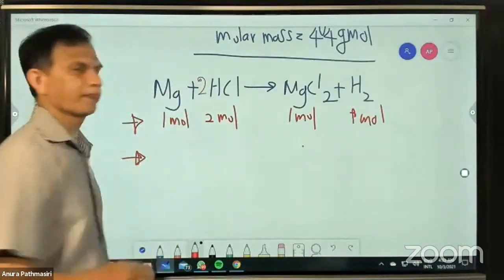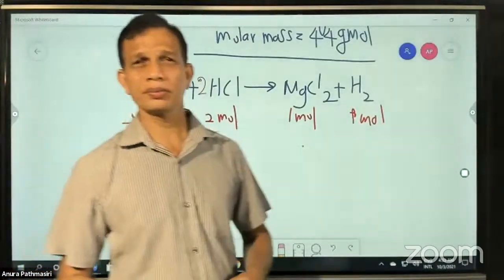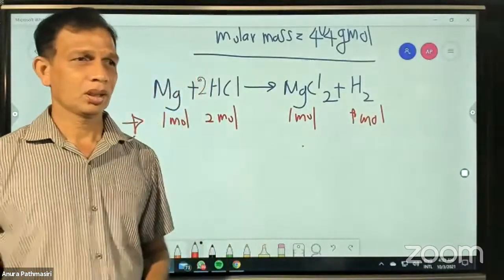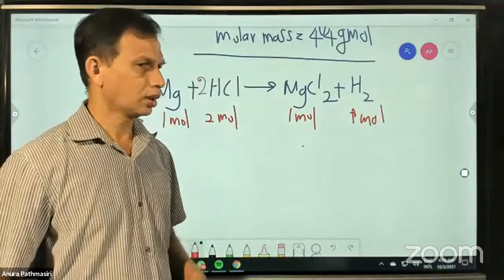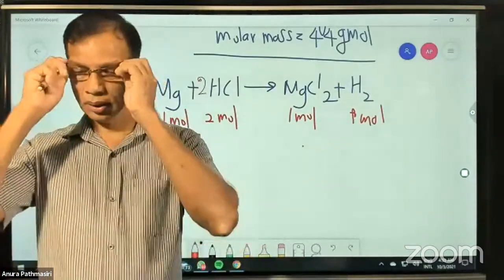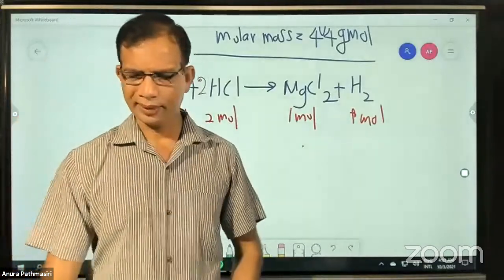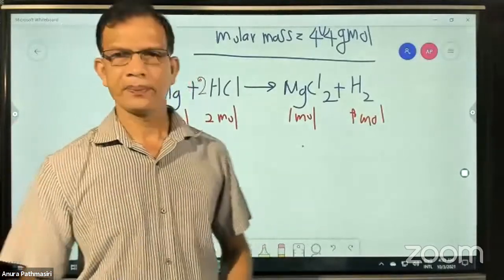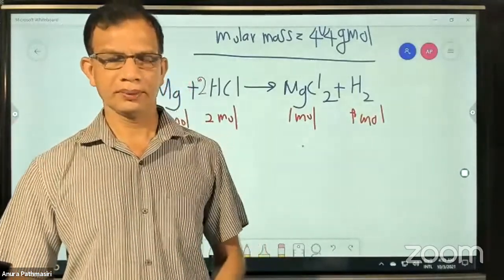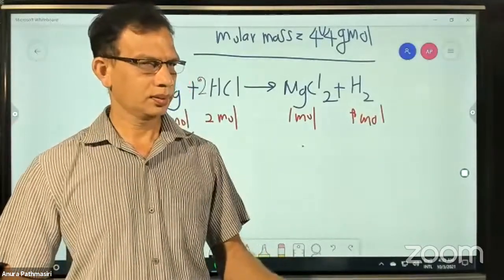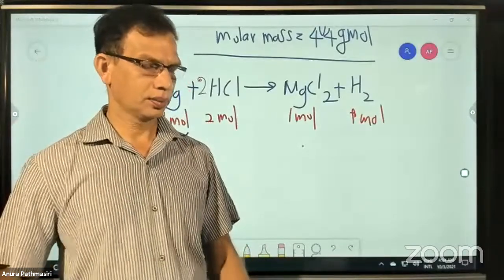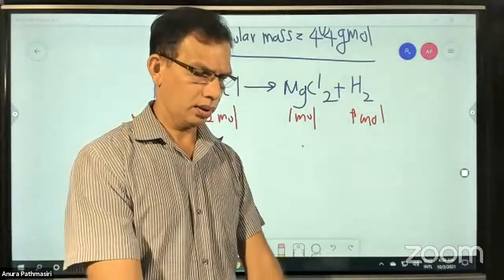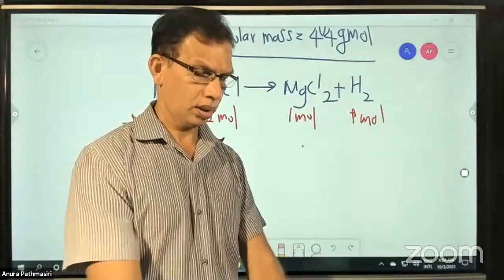What is the relative atomic mass of magnesium? 24.